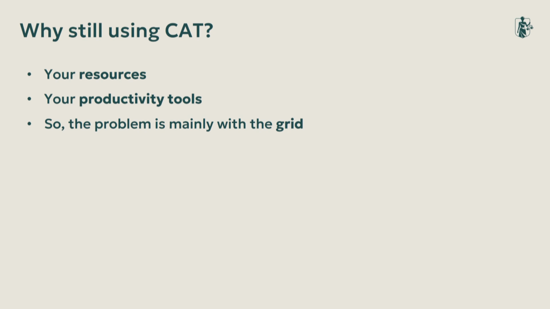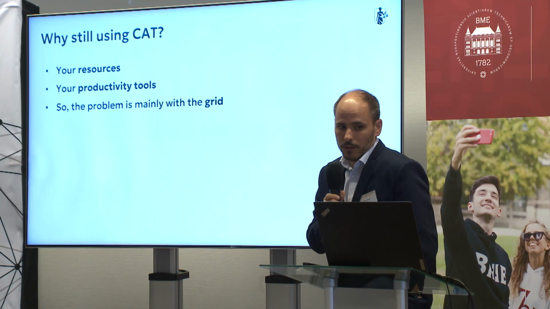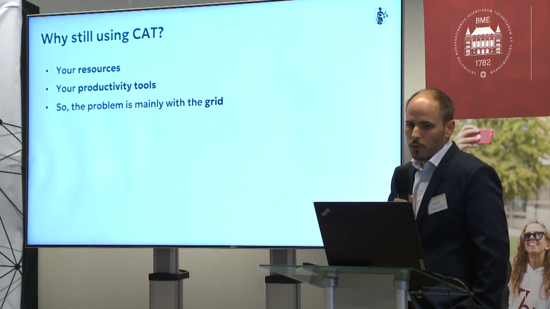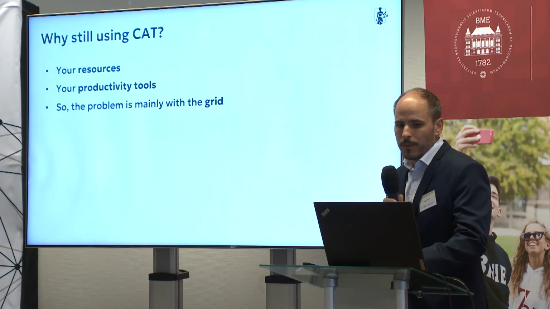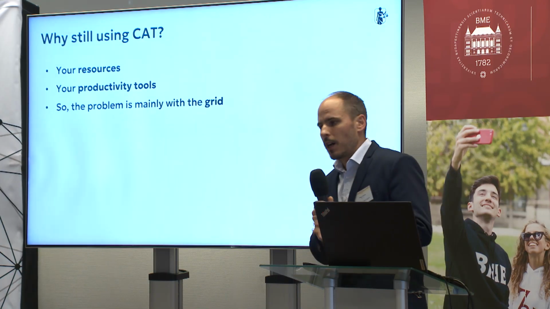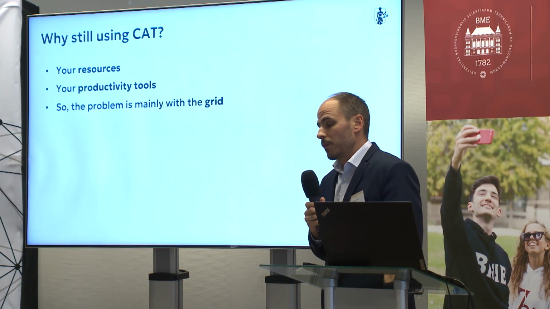For example, if I want to filter certain segments and handle very similar segments at a time, I'm using filtering, and that's a very advanced tool. And the very same goes for the resources that I mentioned, so I have to stick with the CAT tool for the time being, but if I may suggest something to developers, I would really give a facelift to the grid.